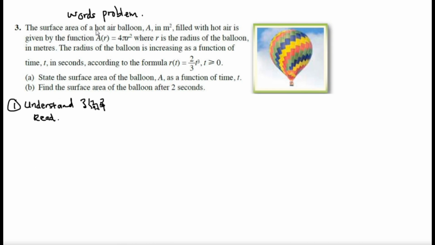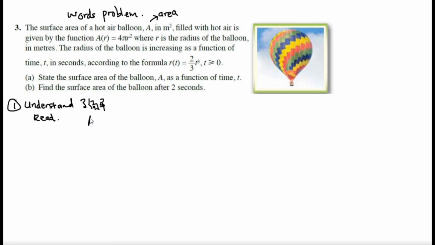The surface area of a hot air balloon, A in meters squared, so this A represents the surface area of the balloon filled with hot air, is given by the function A of r equals 4 pi r squared.